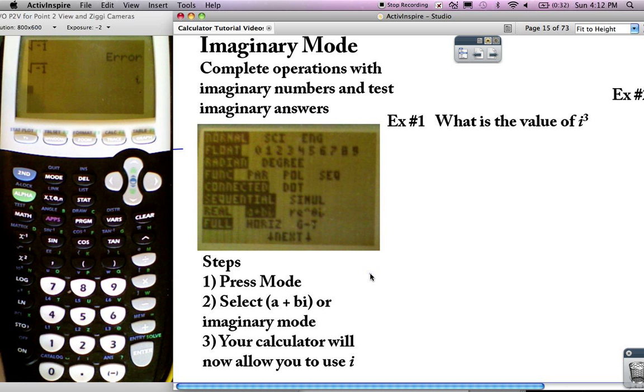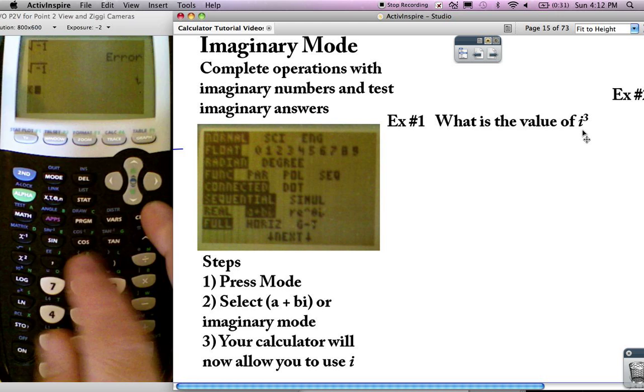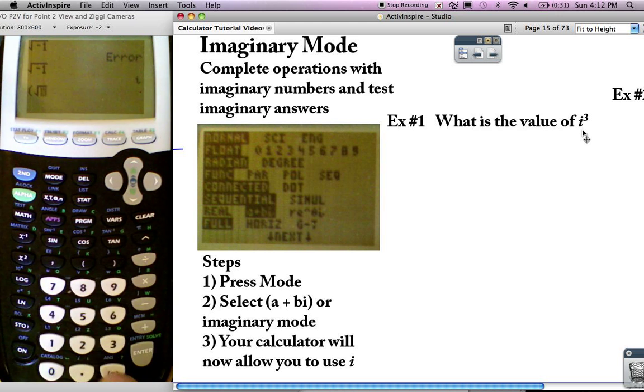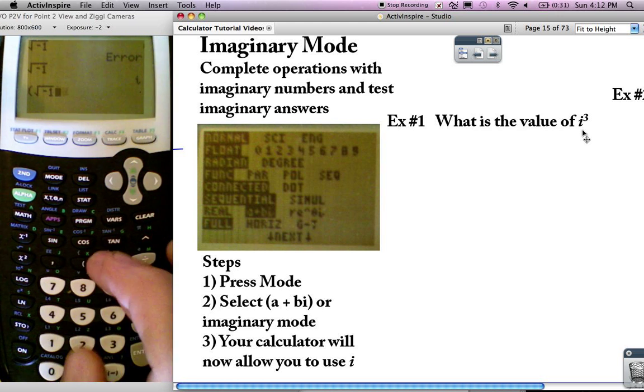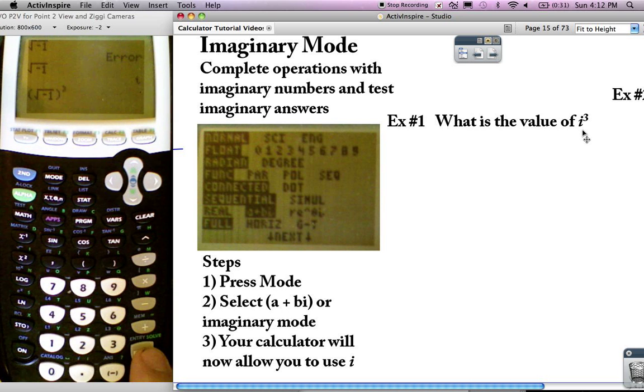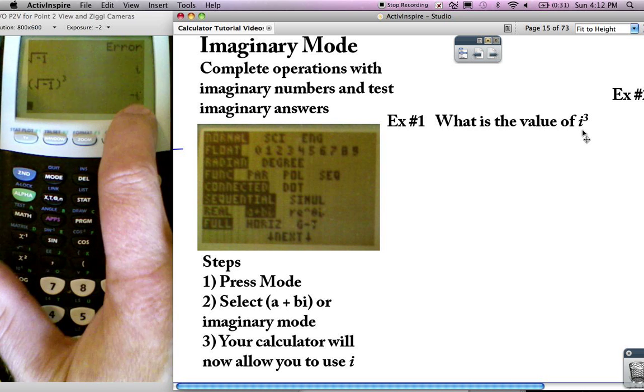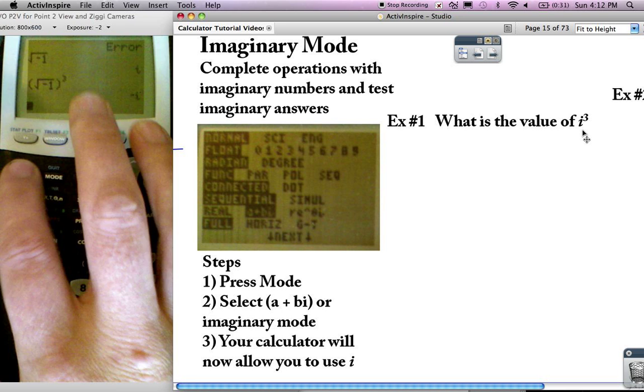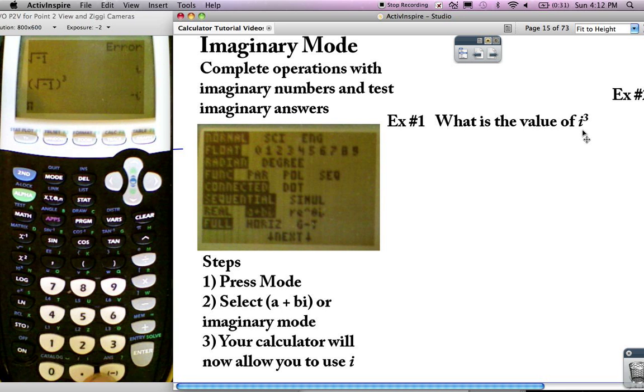I to the third we know is equal to the square root of -1 times itself 3 times. To the third. Notice it says -i. And we can even go faster. If you hit the second button down here next to the decimal, if you look real close, there's a little i there. So we have i to the third is -i.